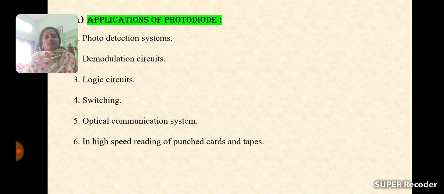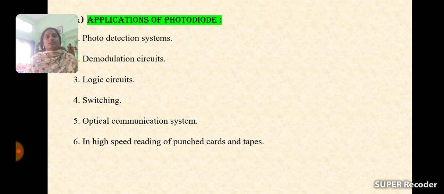Optical communication systems mainly work with cables, transmitters, receivers, etc. If any communication system is made with glass material, then we can impose the light easily. So photodiodes are also used in communication systems.